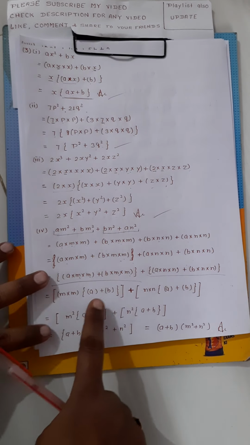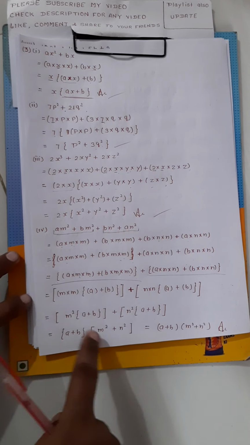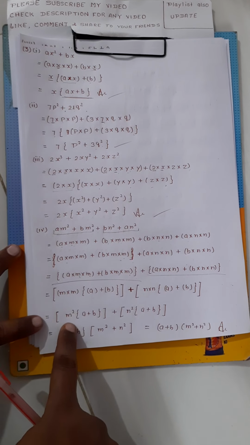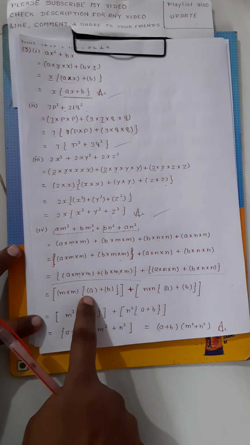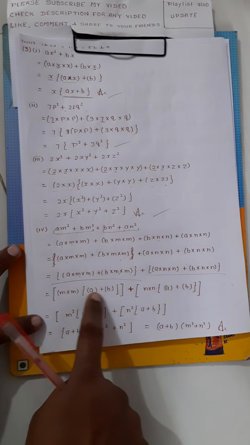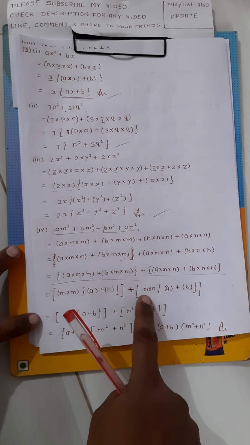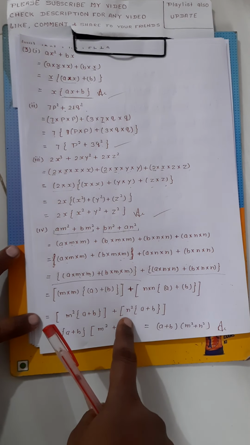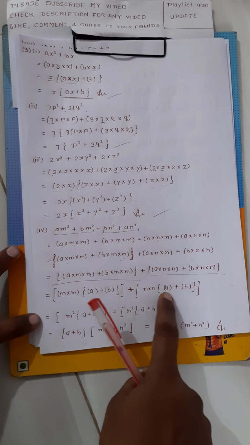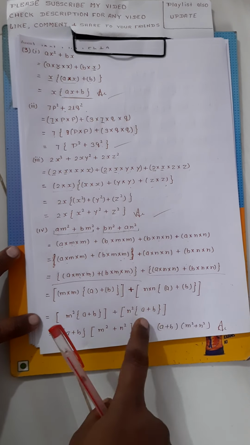Now if we solve it, m into m means m², and we will remove this bracket because here we don't need the bracket, so a plus b will come out. For n into n the value will be n², and here we will remove the bracket only.